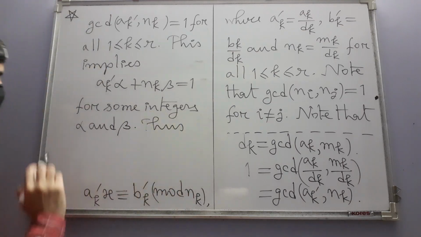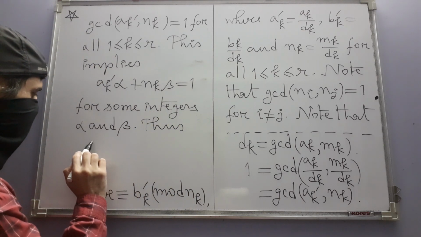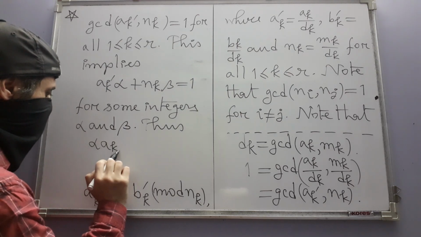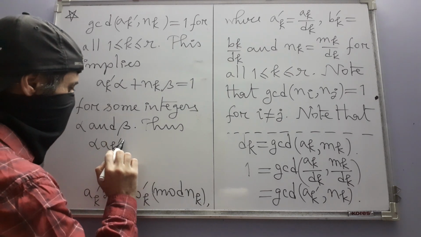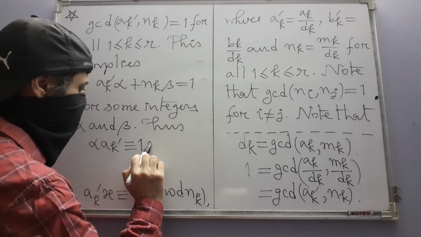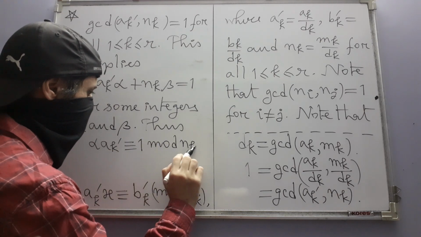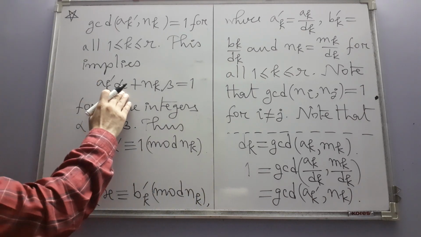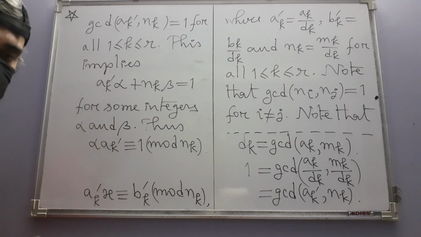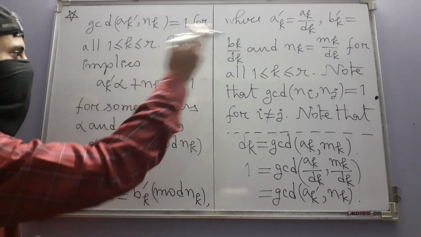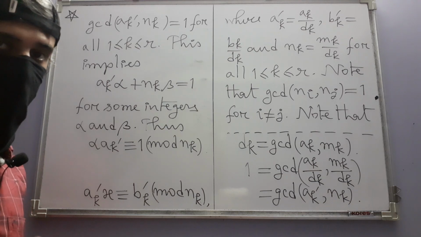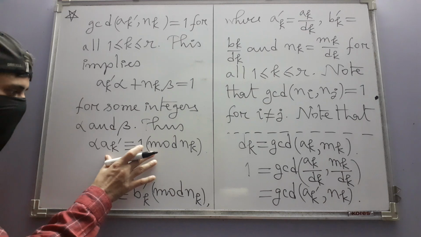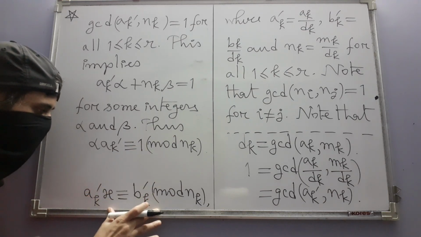Let me write alpha first: alpha AK prime is congruent to 1 modulo nk, because if you take the difference of AK prime alpha and 1, that is AK prime alpha minus 1, it is equal to minus beta times nk, and that's divisible by nk, and that is why this is congruent to 1. Now we can use this congruence very nicely.